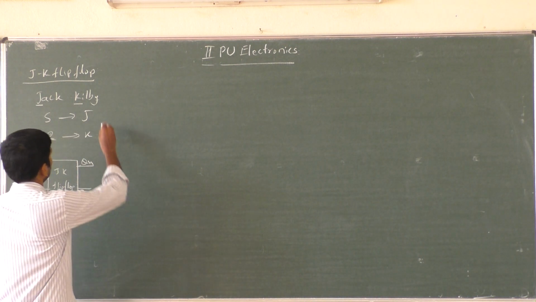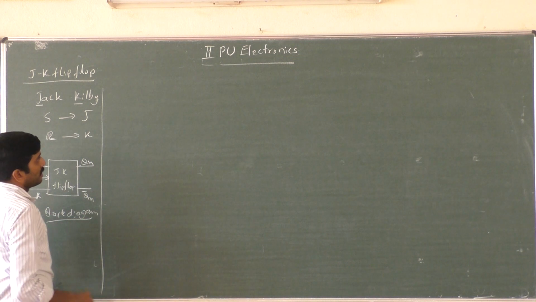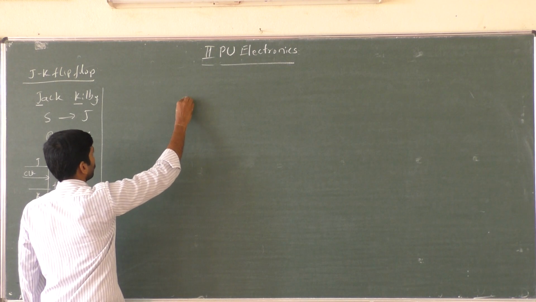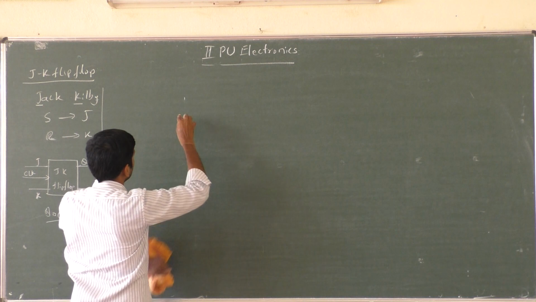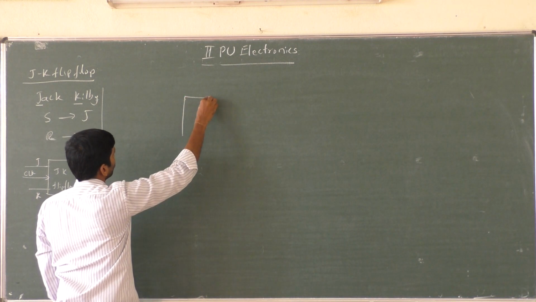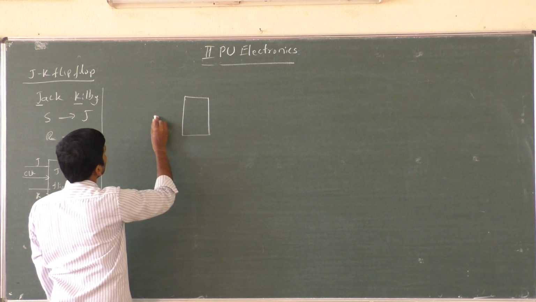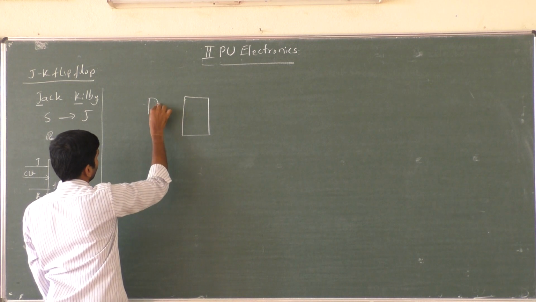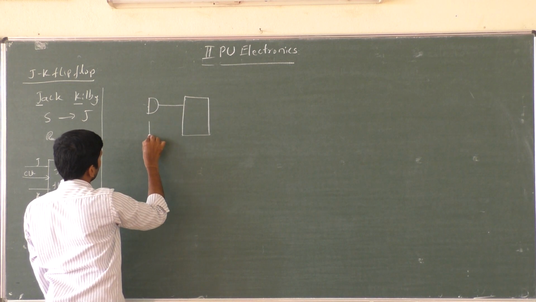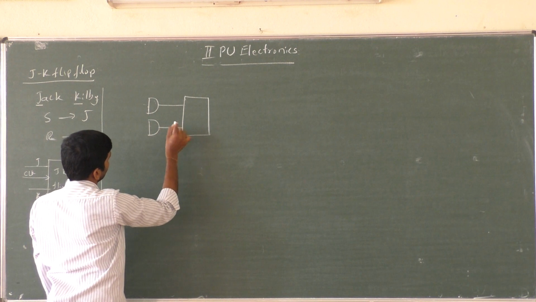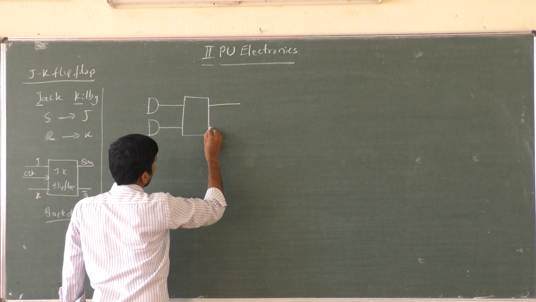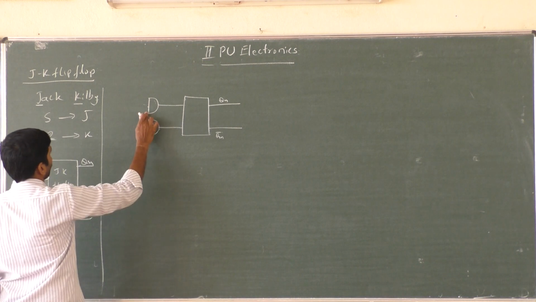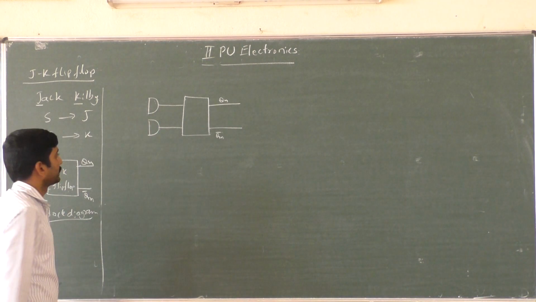See, basically the JK flip-flop consists of a clocked SR flip-flop, and the inputs are gated. Next, gated using 2 AND gates.